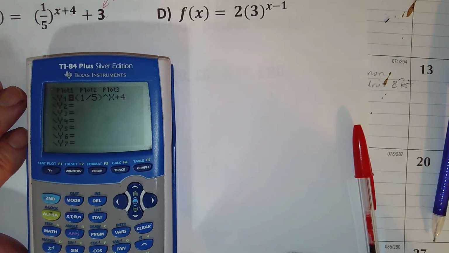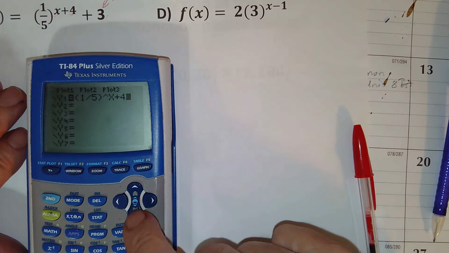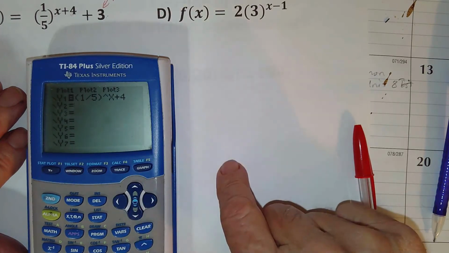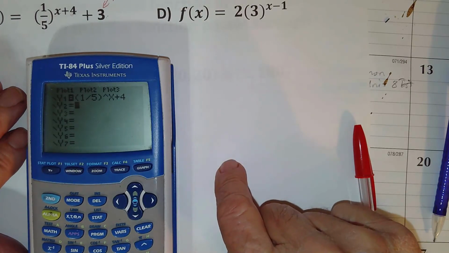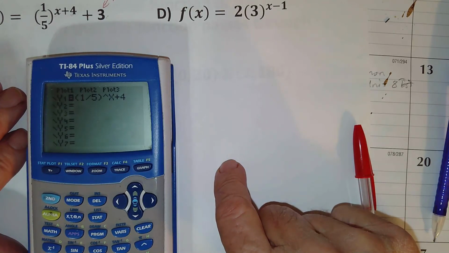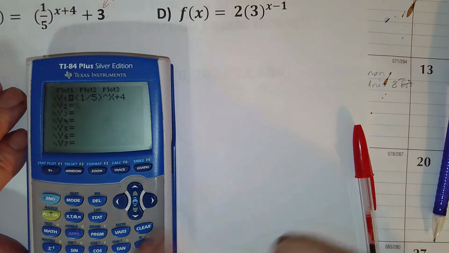I'm not sure if this is going to come out correctly here, but let's just try it. X plus 4, and then let's toggle down. No, it's not going to do what I want it to do. Let's see if I've got a workaround for that.